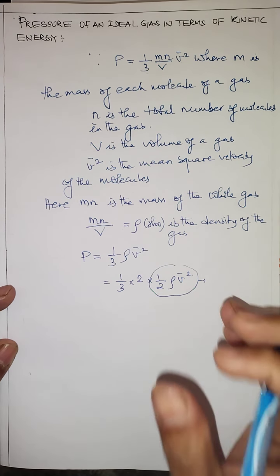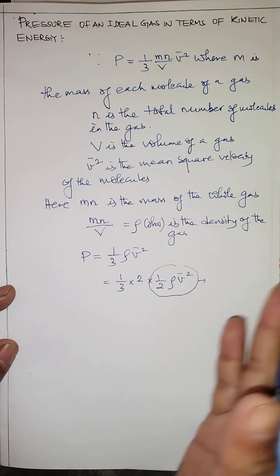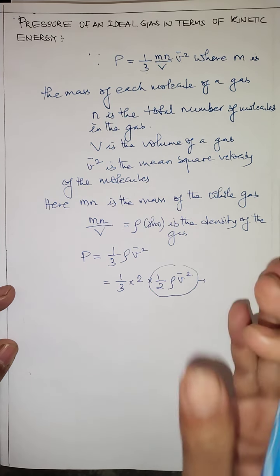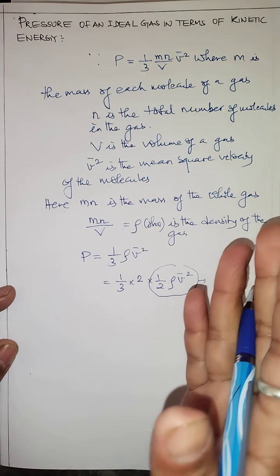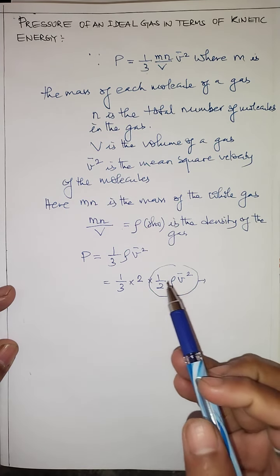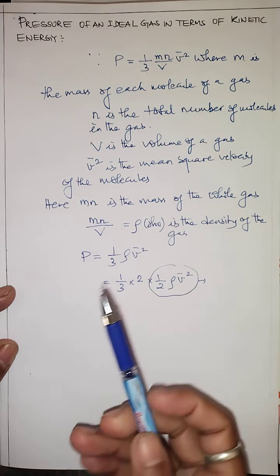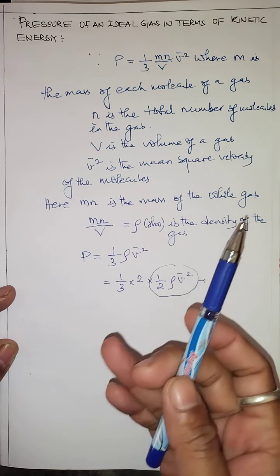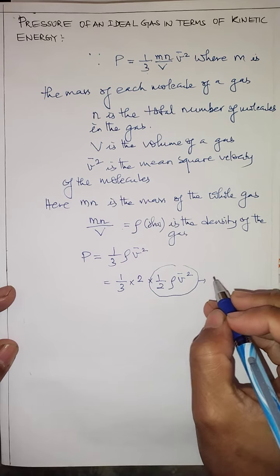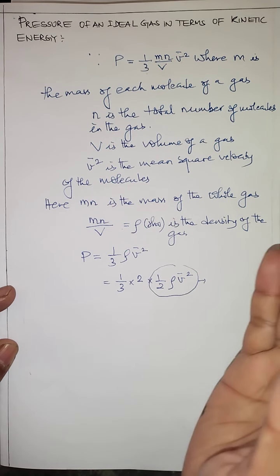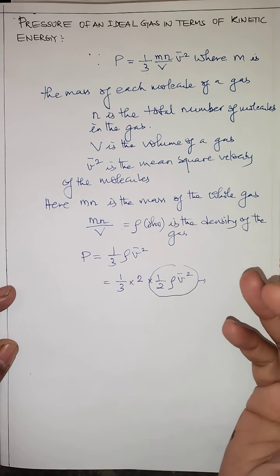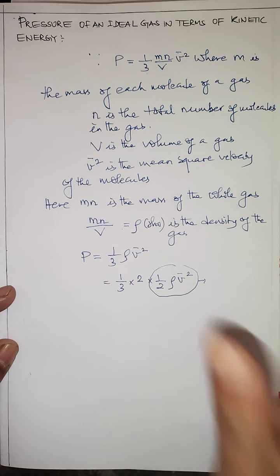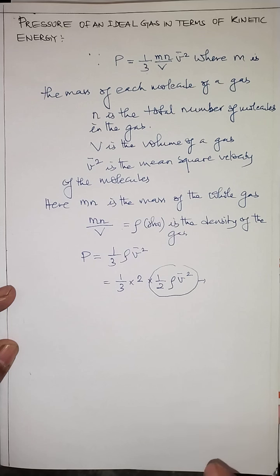But we call this kinetic energy translational kinetic energy, because in the case of an ideal gas, whenever the ideal gas is in motion, it acquires random straight motion in all directions. Every gas molecule moves randomly, in a straight line, in all directions. That's why, when the straight line or random motion of a body or gas is concerned, we use the energy called kinetic energy, but that kinetic energy is called translational kinetic energy.